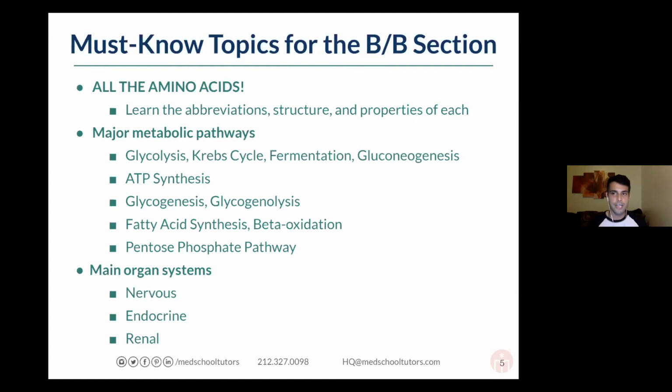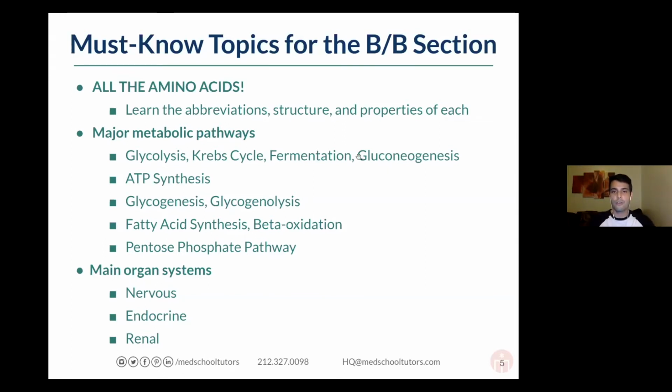What you want to understand when you're going about learning these metabolic pathways is try not to learn them at the granular level and don't silo them. These pathways are all part of homeostasis in a way. They're very interrelated.